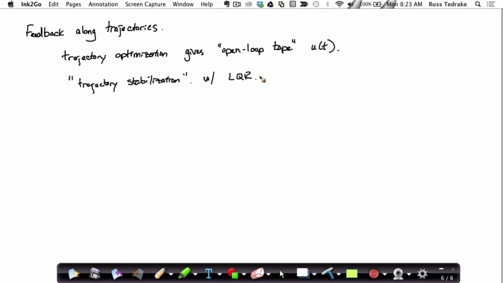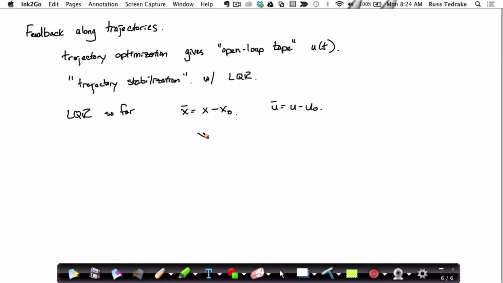Okay, so far what we did in LQR is we stabilized a nominal point, right? We said that x bar is just x minus some nominal operating point, u bar was u minus some nominal operating point, right?